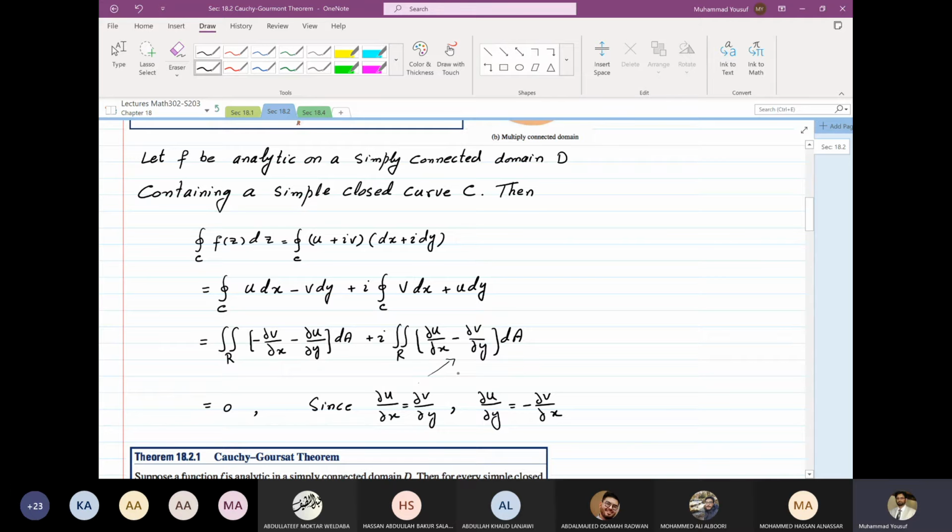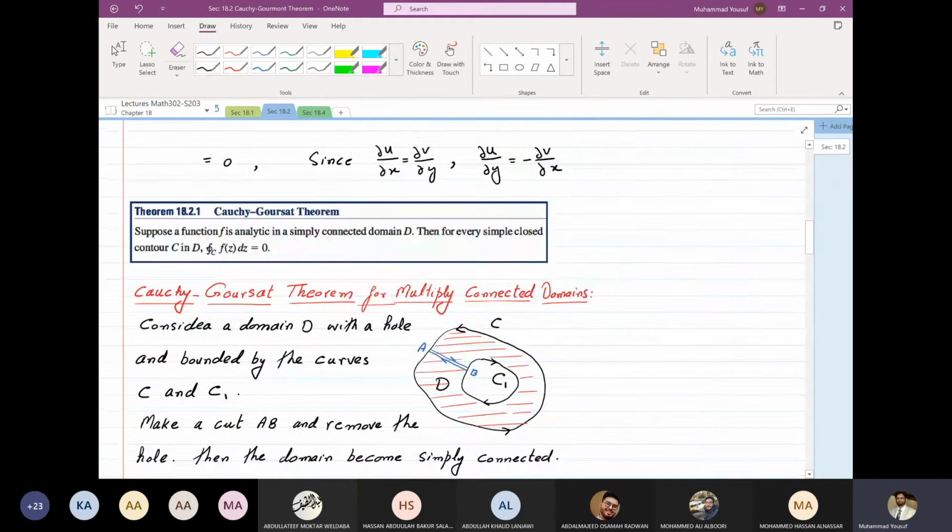And the same thing, because partial u by partial y is equal to negative partial v by partial x, this makes the first part 0. So the whole thing is 0. What do we learn from here? That if f is analytic, the domain is simply connected, and the curve is a simple closed curve, then this integral will be equal to 0. That's it.